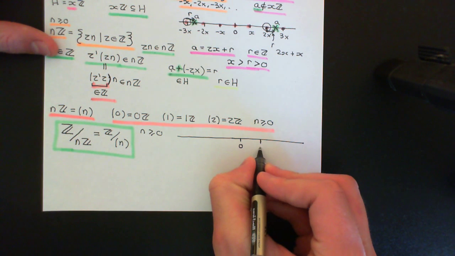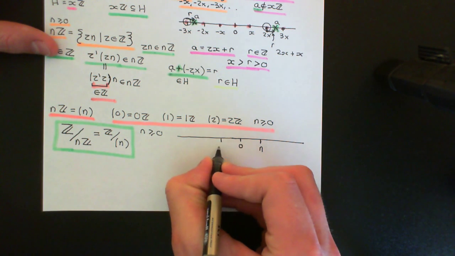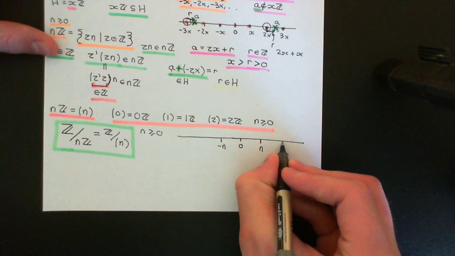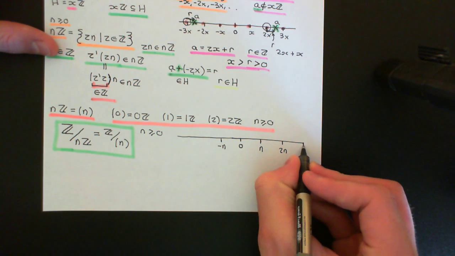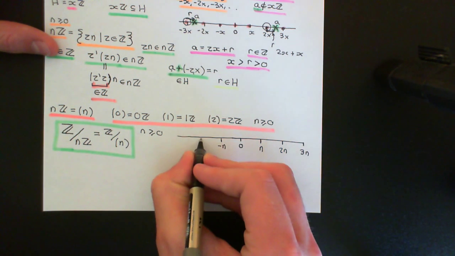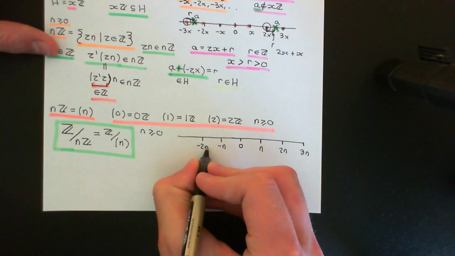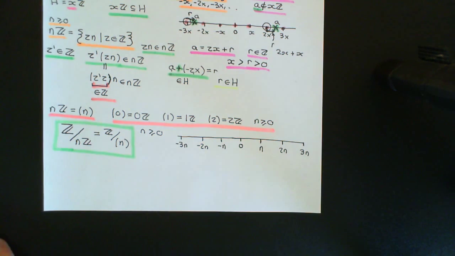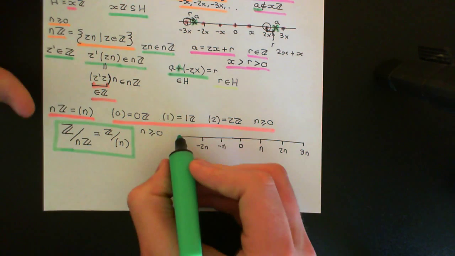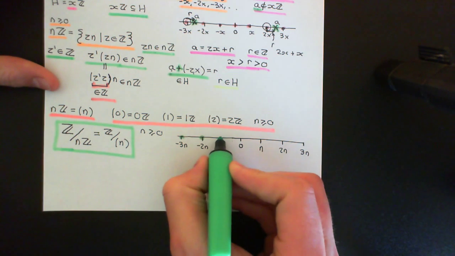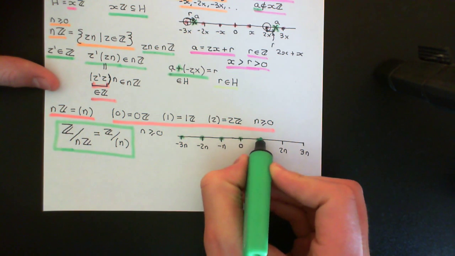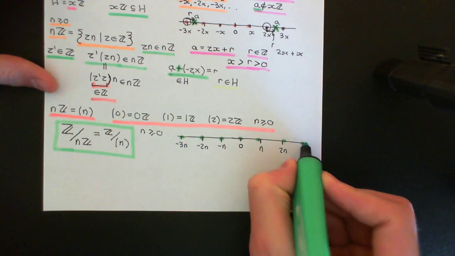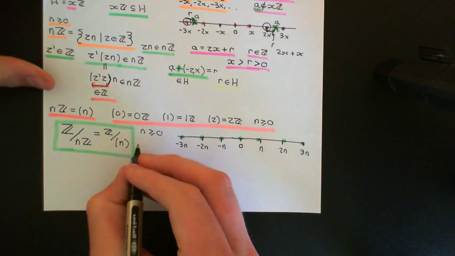You'll have 0, you'll have n, you'll have negative n, you'll have 2n, and I'll add 3n on there as well, and then you'll have negative 2n here, and then negative 3n here, and it will go on and on and on, of course. So here are the integer multiples of n, the elements of our ideal plotted on the number line. I will just colour this in.